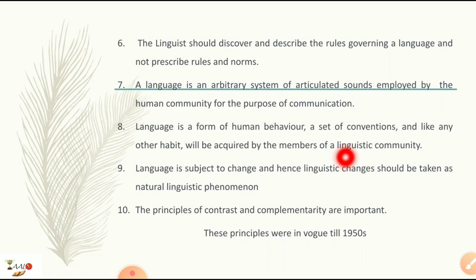Now the ninth point is that language is subject to change, and hence linguistic changes should be taken as natural linguistic phenomena. The traditional linguists never considered the linguistic changes as of greater importance.